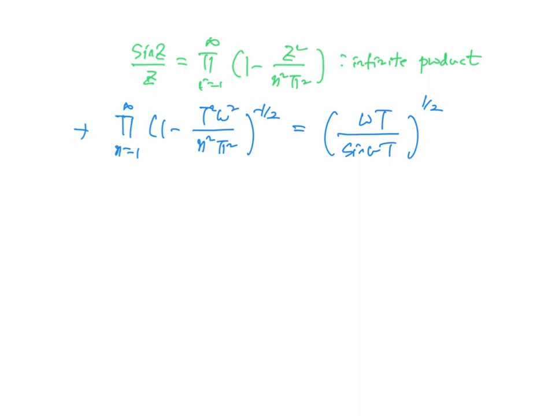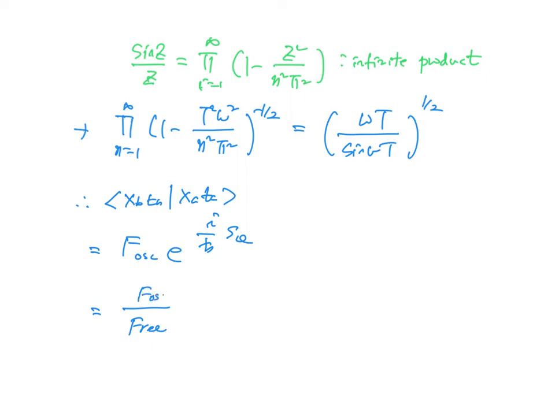So we can say that xb tb, xa ta can be some factor times exponential i over h bar semi-classical, times the free ratio, times exponential i over h bar semi-classical.